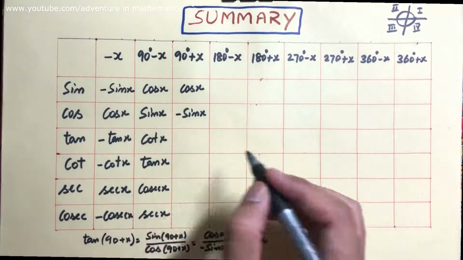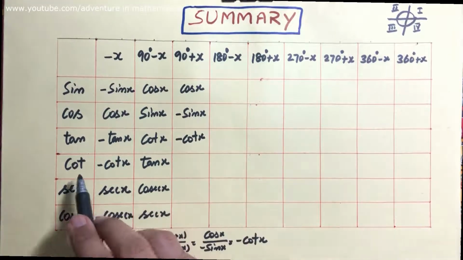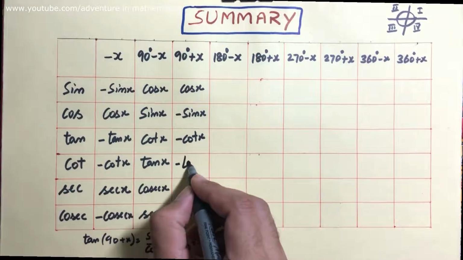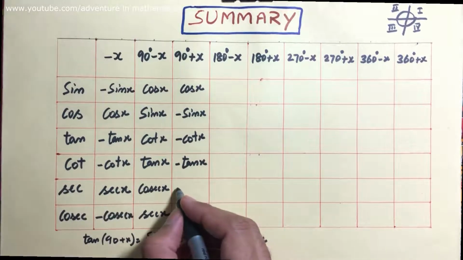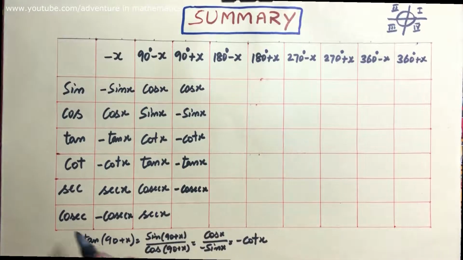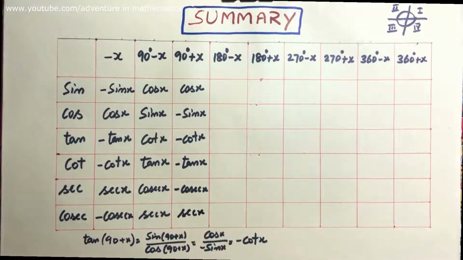So we get here minus of cot x, and similarly here we take reciprocal of tan, we get minus of tan x, and reciprocal of cos we get secant, minus of cosecant x, reciprocal of cosecant, secant x.